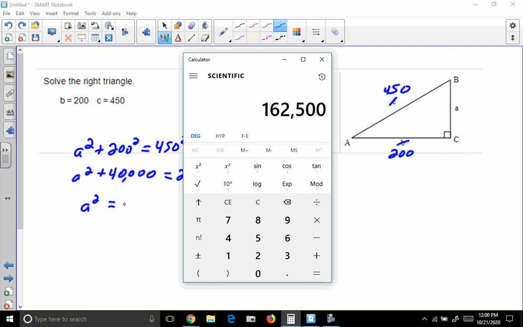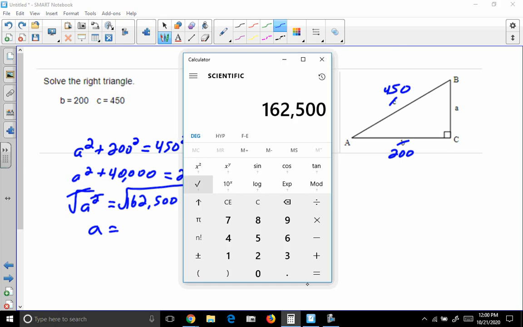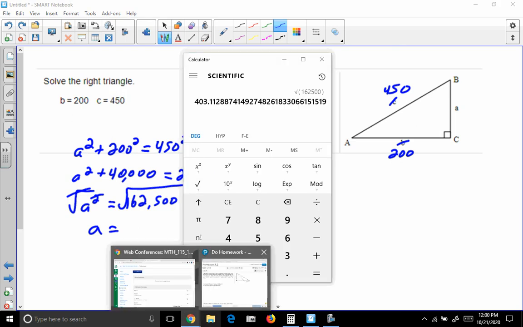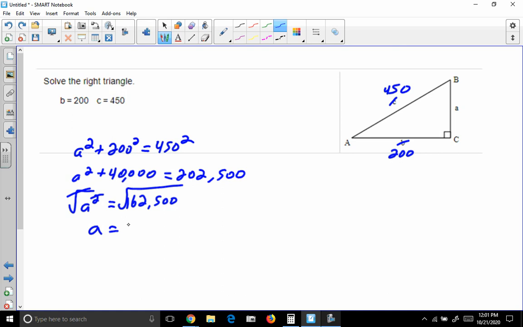That would give us 162,500. So A would be the square root of that. So we take the square root of that. I don't know how many decimal places they wanted us to go, but that's about 403 units. To one decimal place, that's 403.1.